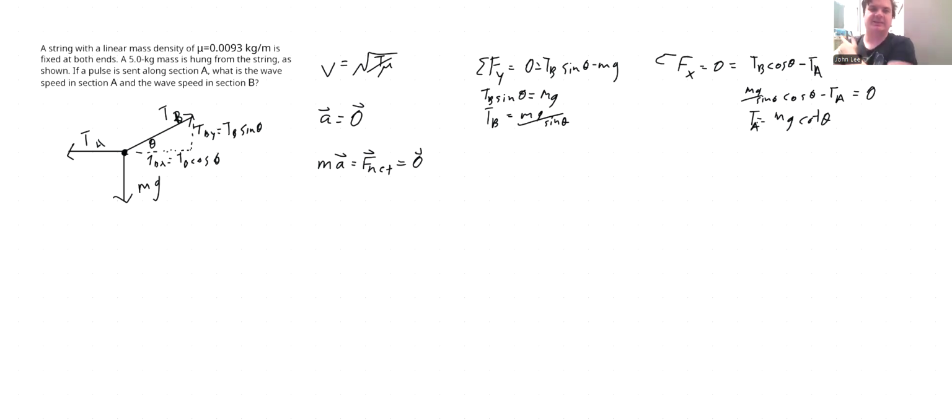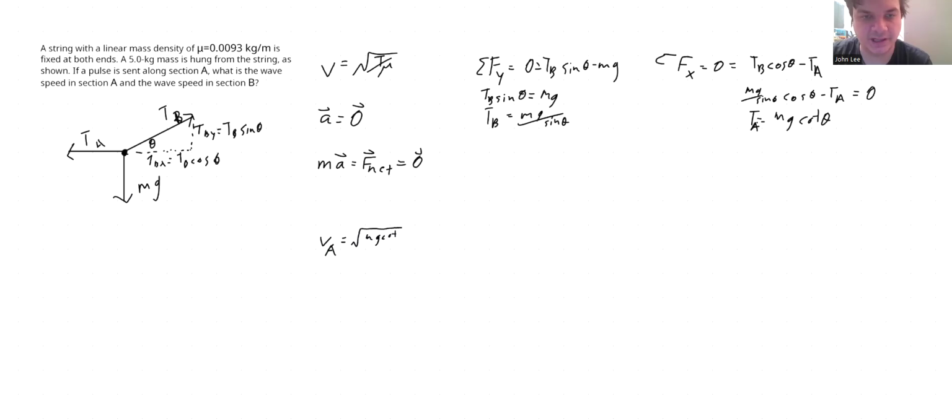That's pretty easy. What we get for our final question, which was initially what is the wave velocity of both of these waves, is that tension A is mg cotangent of theta.